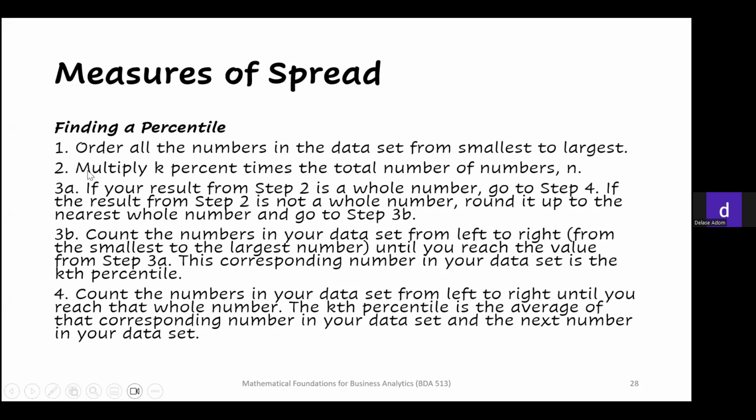Now, these steps I'm going to tell you might not make sense now. Don't worry, we will take a practical example and it will be clearer. But let me go through it. There are 4 basic steps. First of all, you order all the numbers in the data from the smallest to the largest. Then you multiply your K.